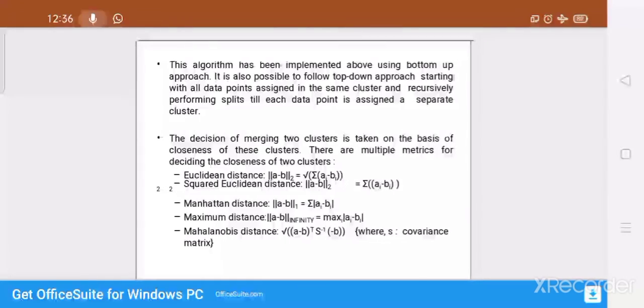Clear? So this algorithm has been implemented using the bottom-up approach. So it is also possible to follow the top-down approach, starting with all the data points assigned to the same cluster and recursively performing splits till each point is assigned a separate cluster. Means both approaches we can follow. So the example that we saw, we followed the bottom-up approach.